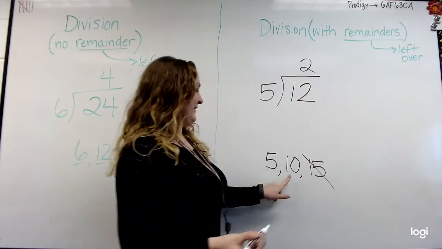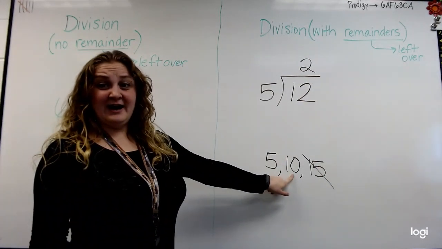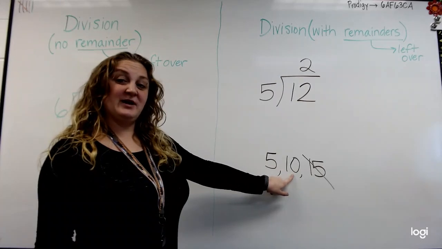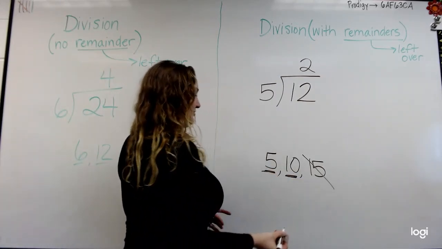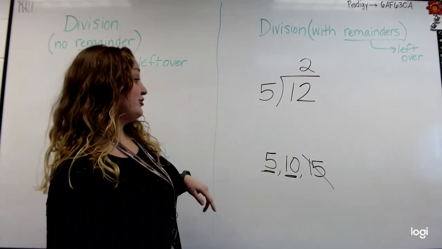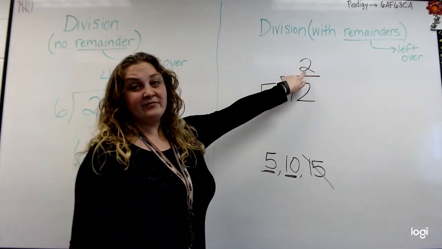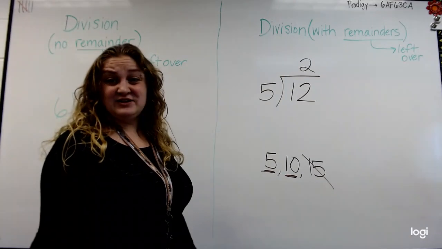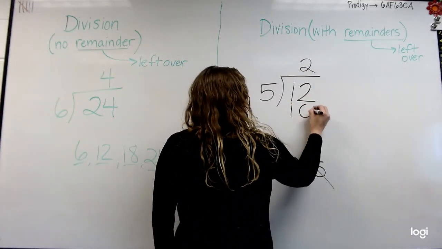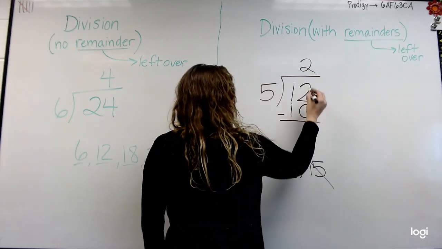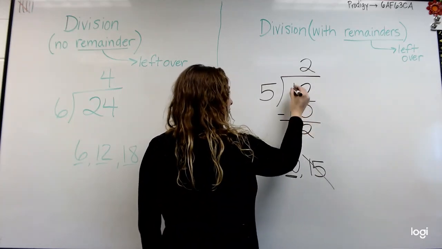Okay, I do not write the 10 up there. I want to know how many groups of 5, so that's why I put a 2. This is 1 group, this is 2 groups. So because I can put 2 groups in, I put a 2 on the top. Okay? Now what is 2 groups of 5? It's 10. So if I put my 10 right here and subtract, 2 minus 0 is 2, 1 minus 1 is 0.